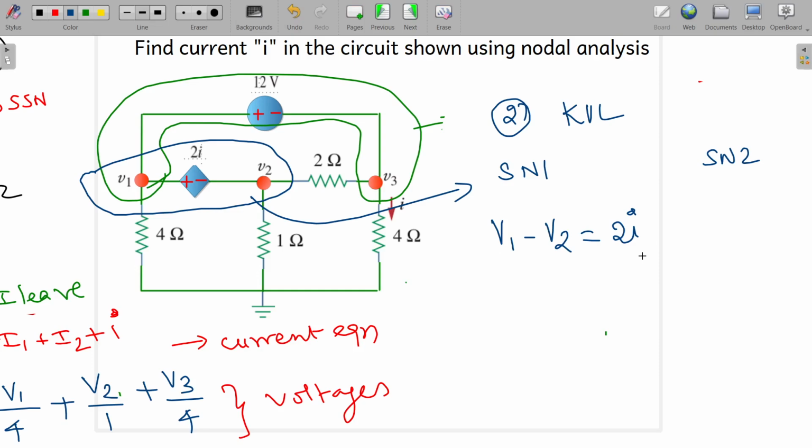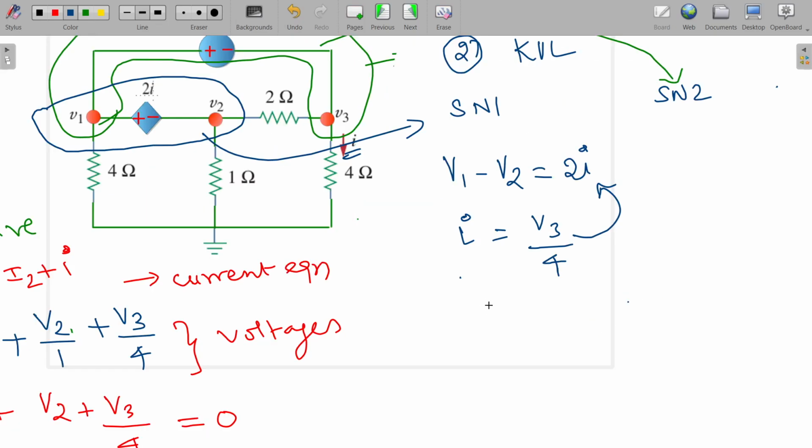But we need only voltage equation, right? So this I is to be changed into voltage. How do you change it? Because this I is equal to nothing but V3 by 4 ohms, right? By applying Ohm's law. So substituting this I into this equation, we get V1 minus V2 is equal to 2 into V3 by 4.